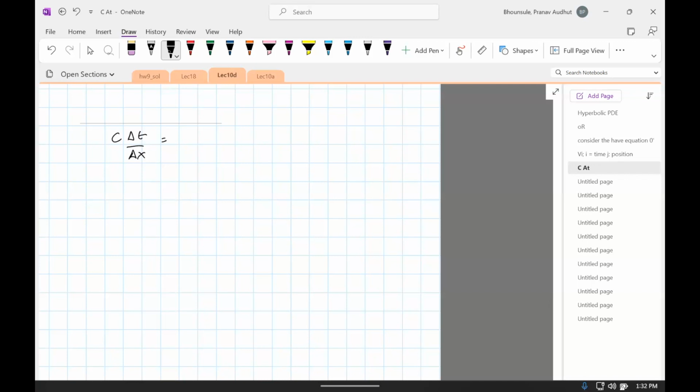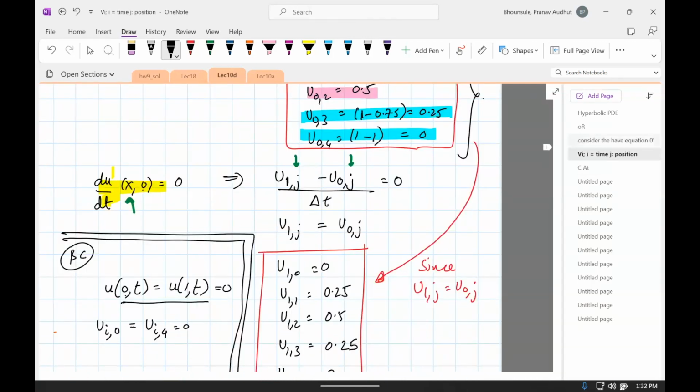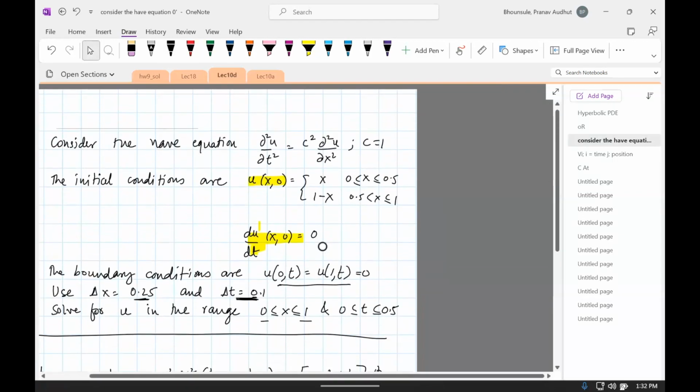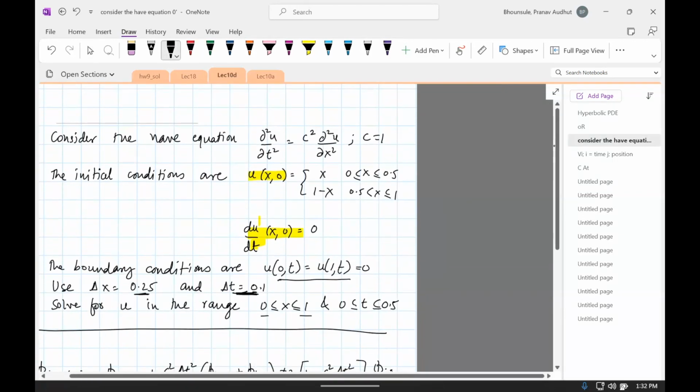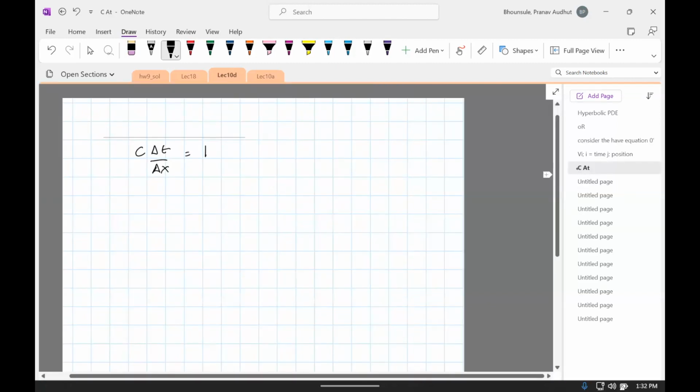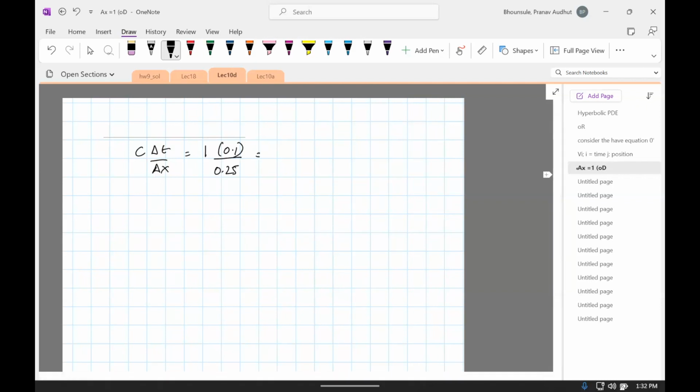C is, I believe, 1. So C is 1. Delta t is 0.1. Delta x is 0.25. If you crank the numbers on that, you get 0.4. So since this is less than 1, we are good to go.